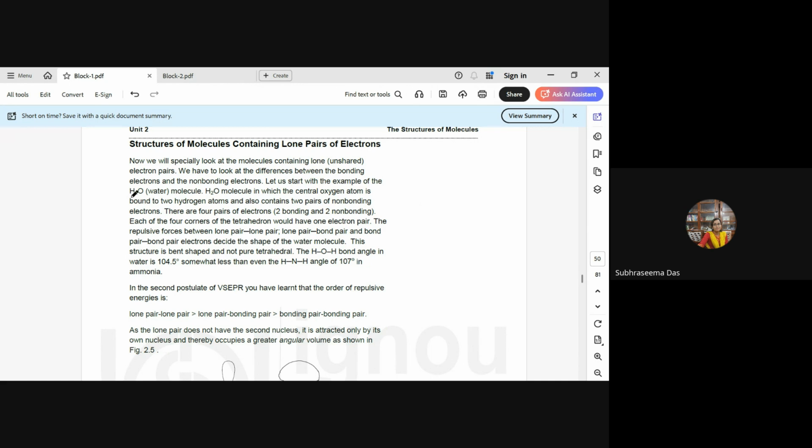To understand this, we'll take an example of water. In the water molecule, we know the central atom is the oxygen atom, and it is bound to two hydrogen atoms and also contains two pairs of non-bonding electrons. Therefore, overall, this oxygen has four pairs of electrons, that is two bonding pairs bound with the hydrogen and two non-bonding pairs.